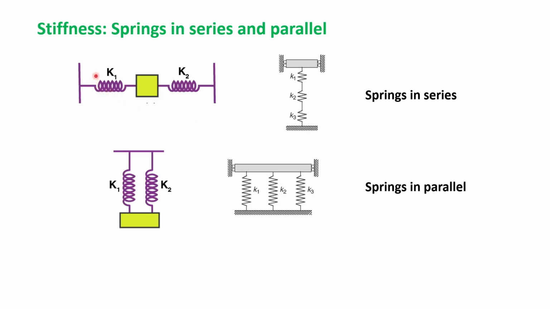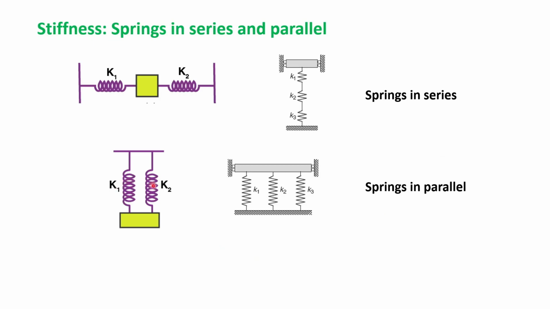One, the springs are in series here. The spring having stiffness K1 and the next spring having stiffness K2 are in series. In this figure again K1, K2, K3 all are in series one after another. So these are springs in series examples. You can also have springs in parallel.